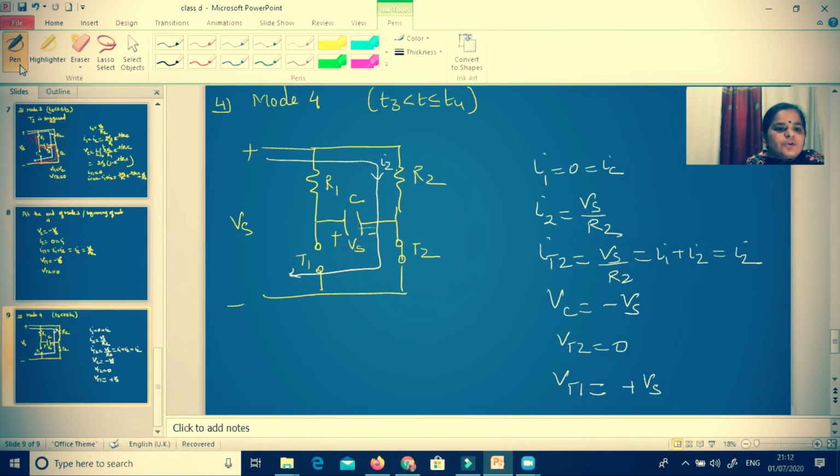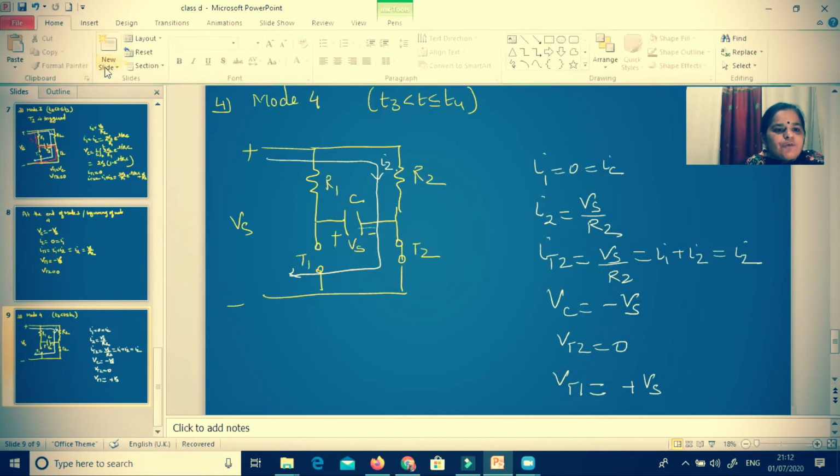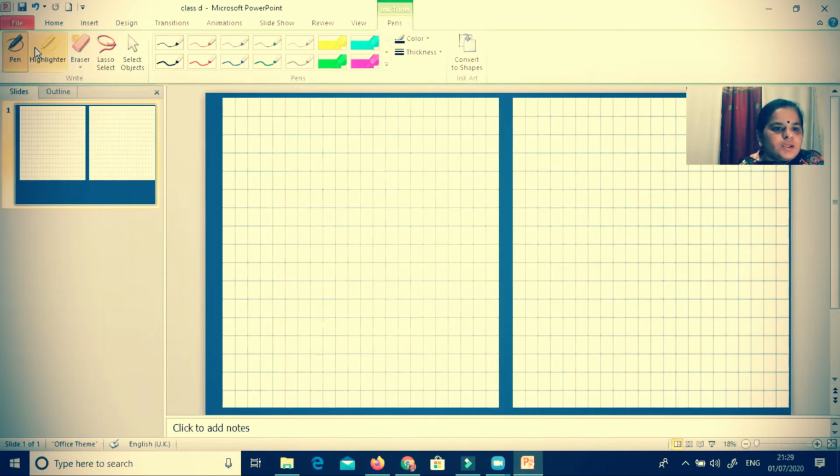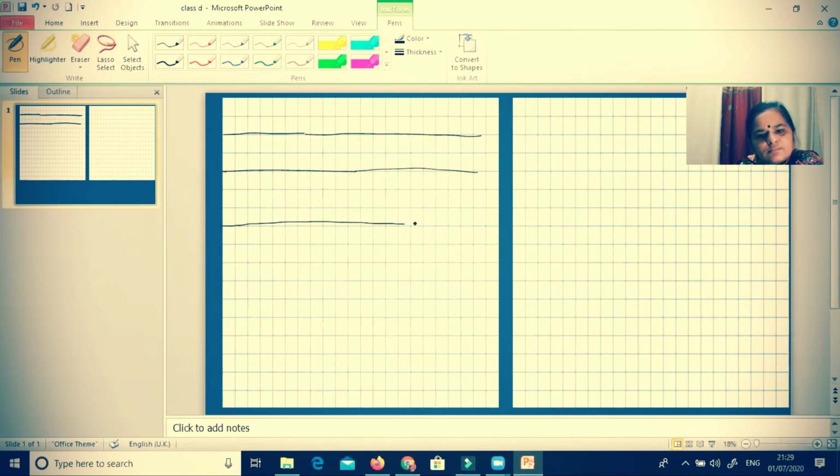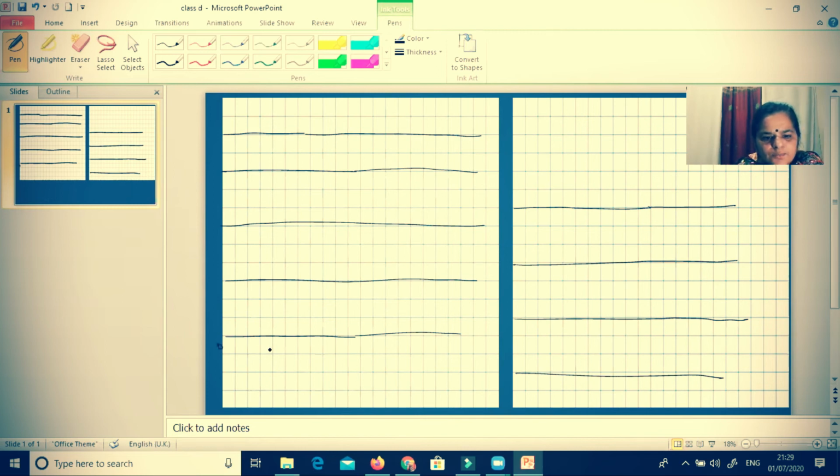Now let us try to make the waveforms. Let me tell you the waveforms. First I am drawing the axis. So this is 0, this is T1, this is T2, this is T3 and this is T4.